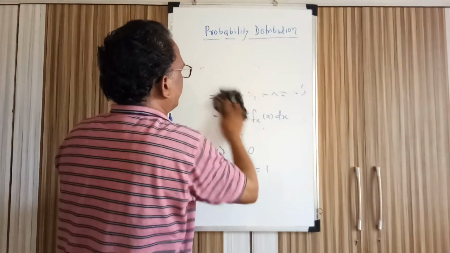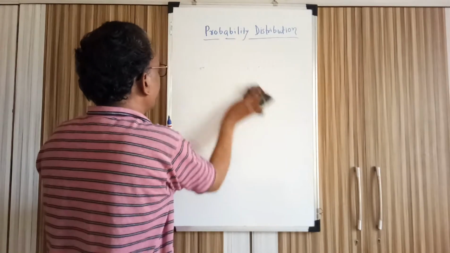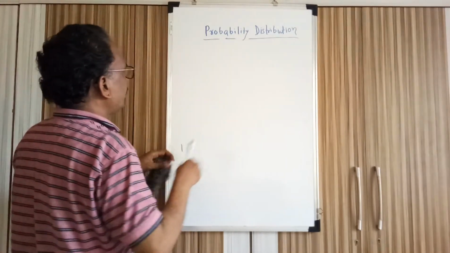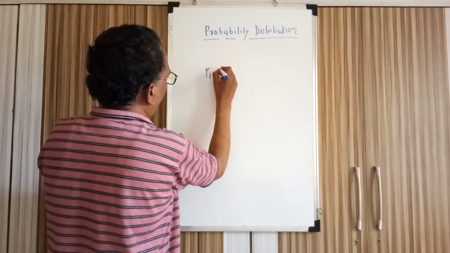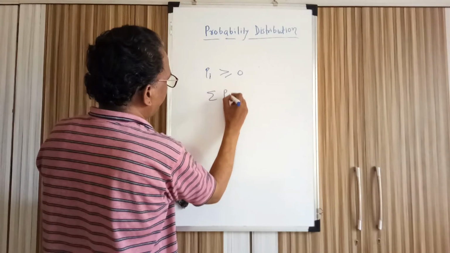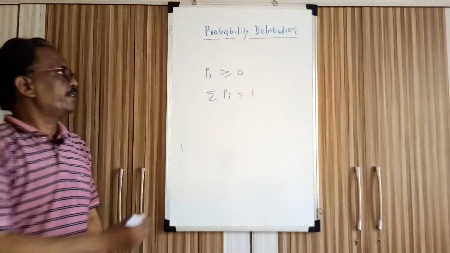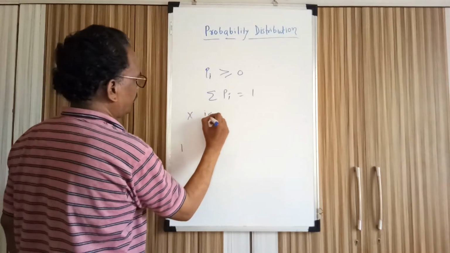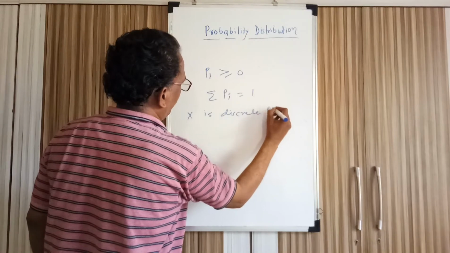In the case of a discrete random variable, instead of the probability density function, we talk about the probabilities of the random variable. So all the probabilities are greater than or equal to 0, and the summation of all probabilities is equal to 1. So these are the two conditions when X is a discrete random variable.